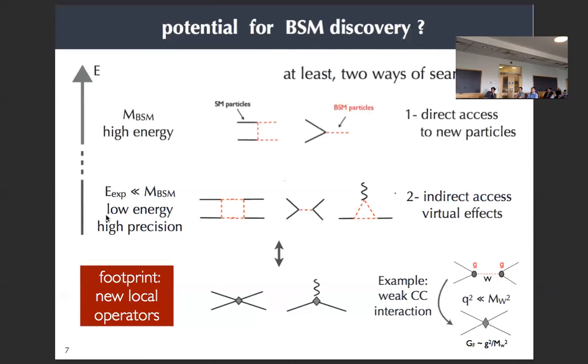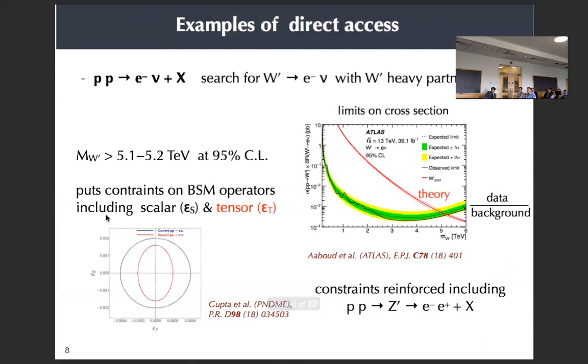Now, an example of this class of exploration, direct access, is this exercise done by the ATLAS collaboration at the LHC, where they looked at the data at square root of s of 13 TeV, and they considered a final state made by a lepton and a neutrino.